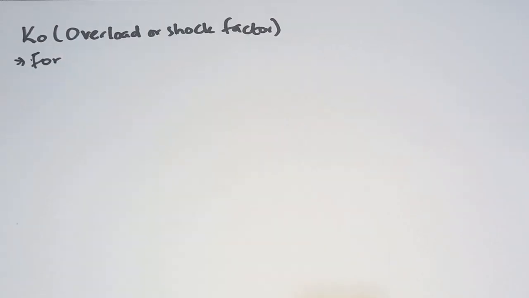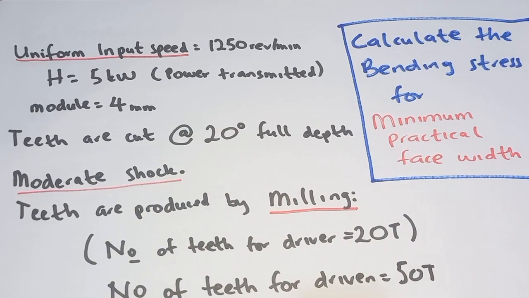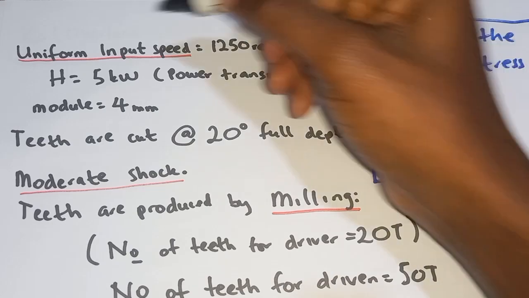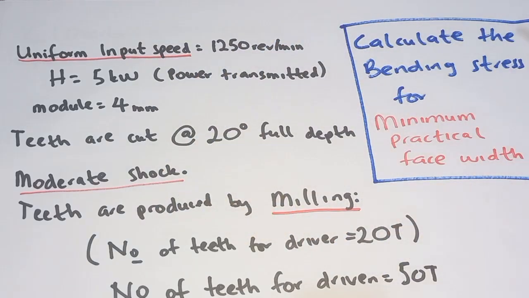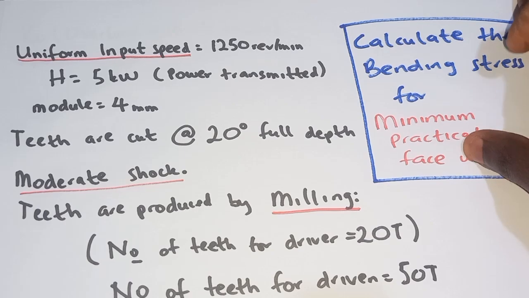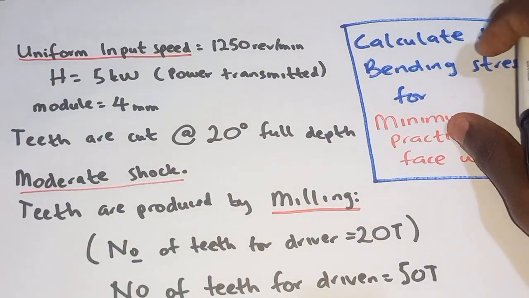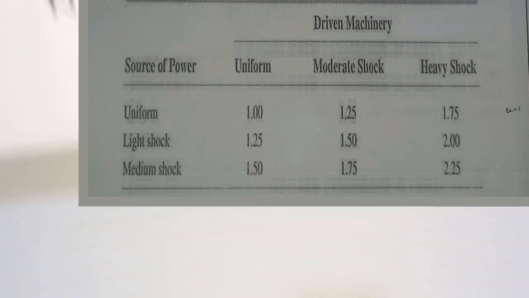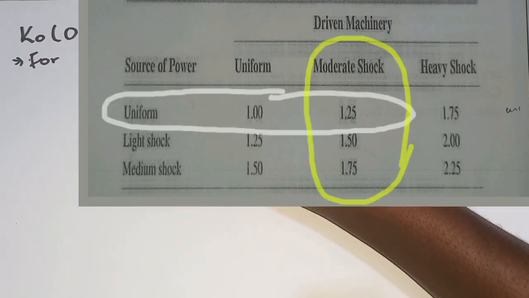So we'll be finding for the KO. We know that from the question, the uniform input speed was given with moderate shock, and from the table for the KO, we can see the uniform for the driver and the moderate shock for the driven machinery. So when we map these two parts, we have the KO to be 1.25.